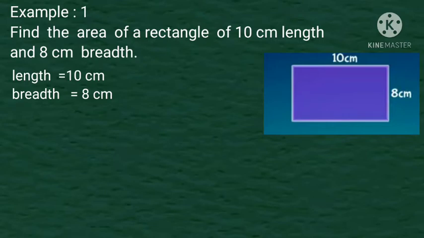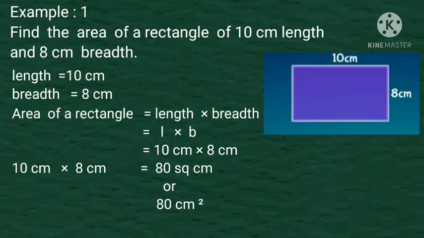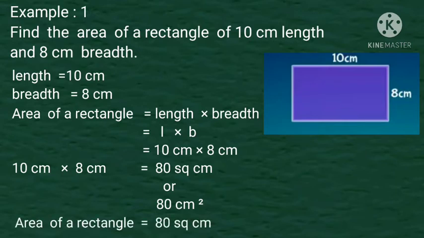Thus, area of a rectangle is equal to length into breadth, that is A is equal to L into B. That is 10 centimeter into 8 centimeter, that is equal to 80 square centimeter. Area of the rectangle is 80 square centimeter.